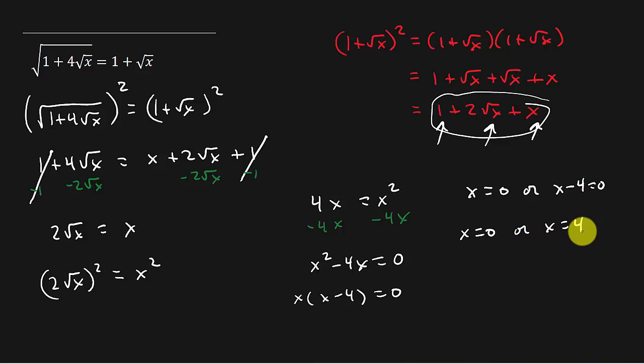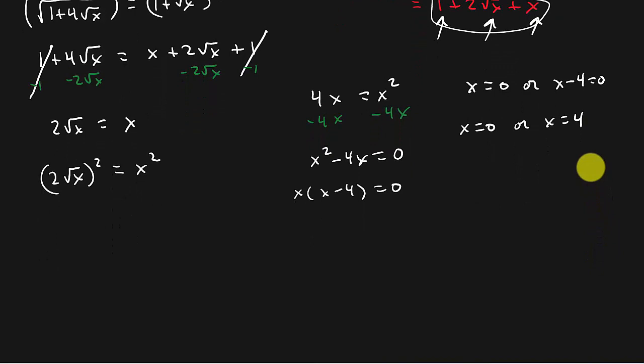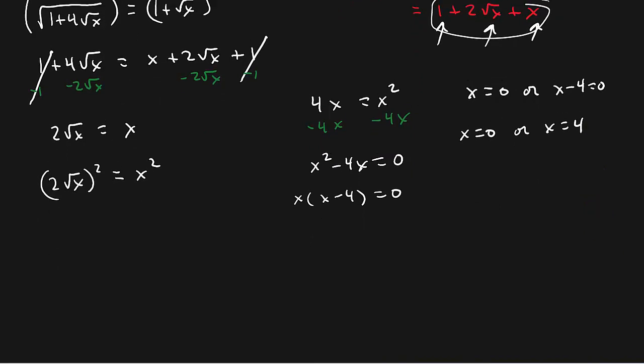All right. Now, remember, whenever we're squaring both sides, we have to check our solutions. So let's write this problem down again. That's the square root of 1 plus 4 square root of x equals 1 plus square root of x.